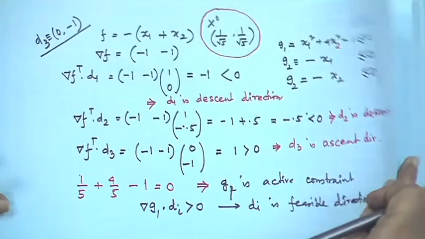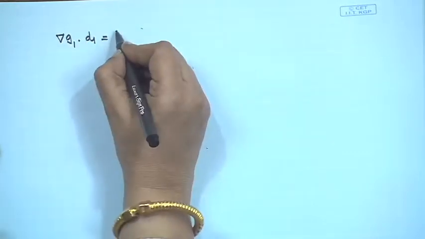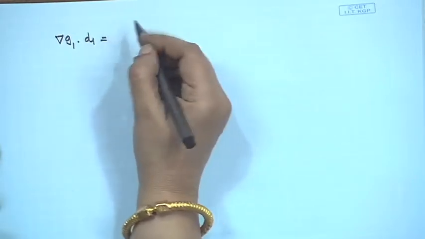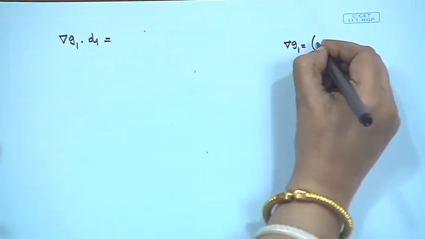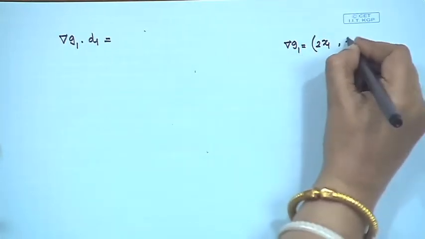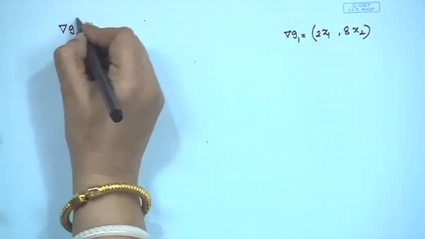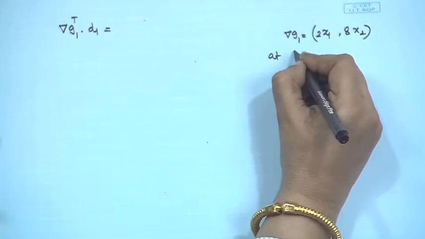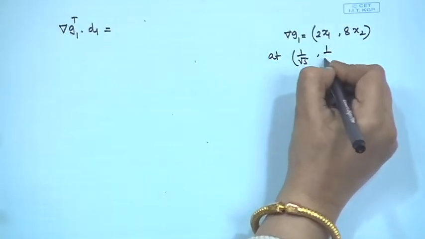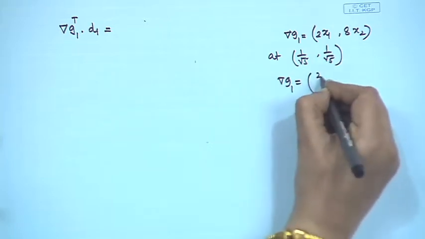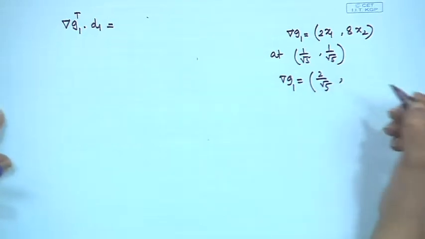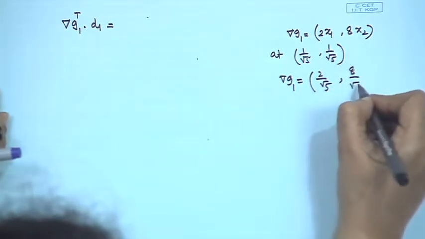All right, let us see. Grad of G1 dot D1. Now, grad of G1, we did not find it out just now. Grad of G1 is equal to 2x1, 8x2. Now, at 1 by root 5, grad G1 value is coming as 2 by root 5 and 8 by root 5.